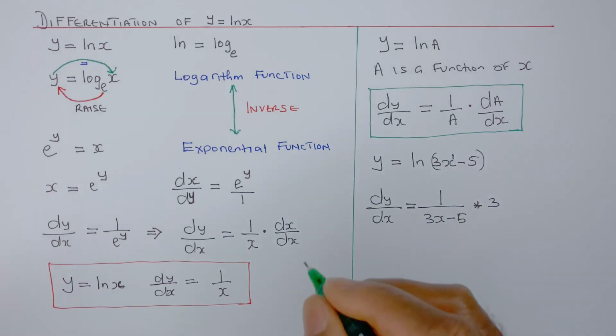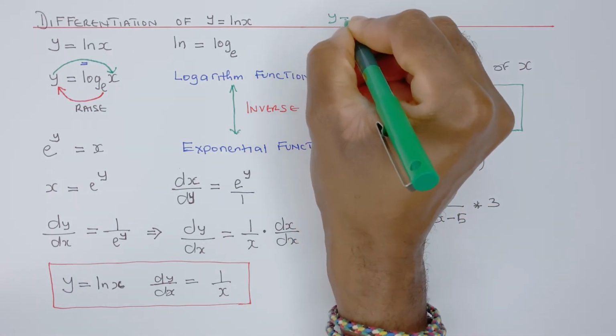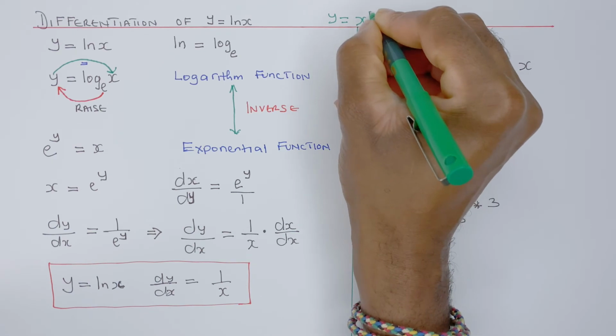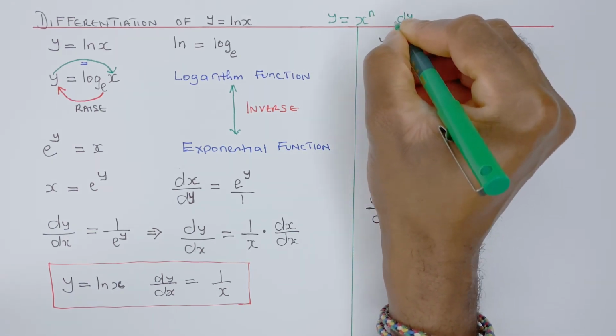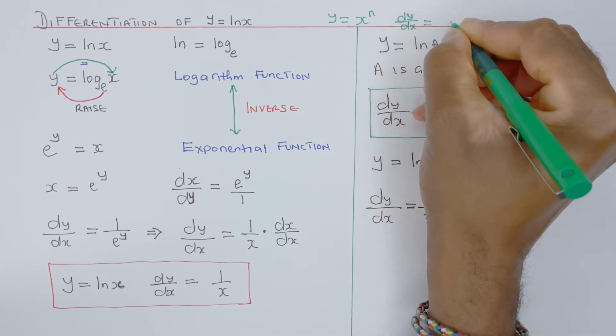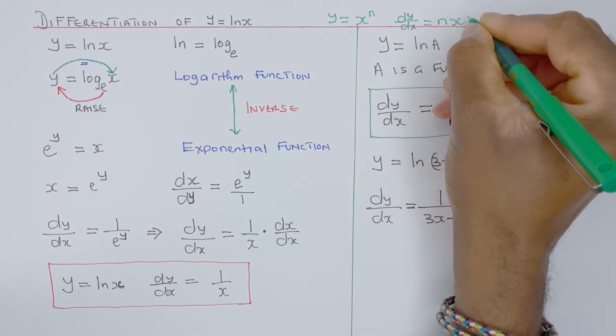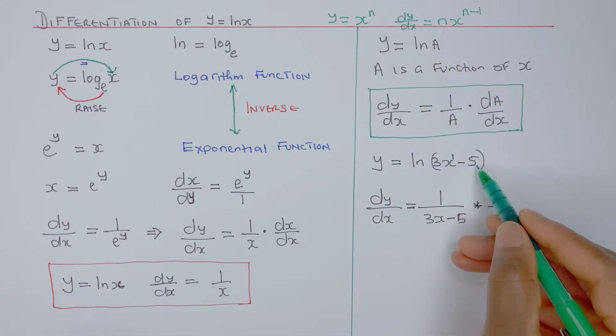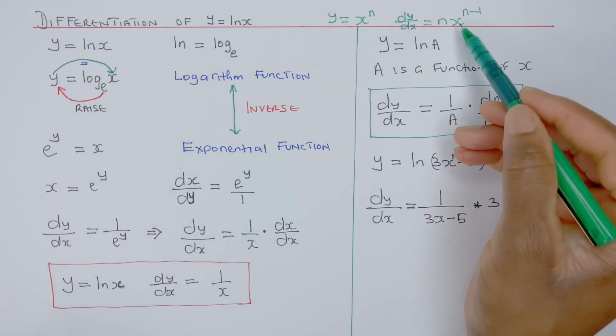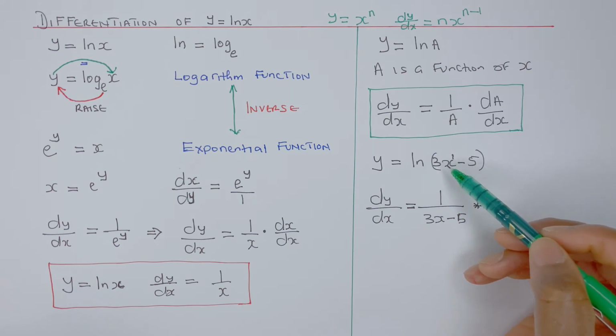When differentiating y equals x to the power of n, then dy dx equals n x to the power n minus 1. So that's what we've used to differentiate this one. Because x is to the power of 1, 1 times 3 will be 3.